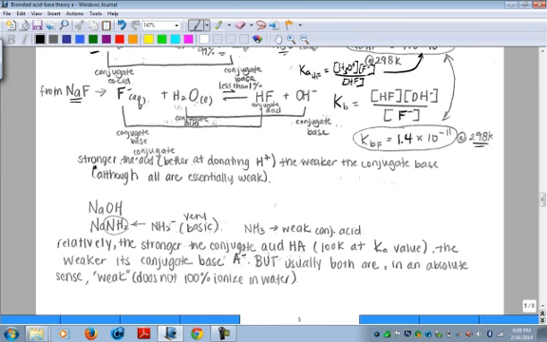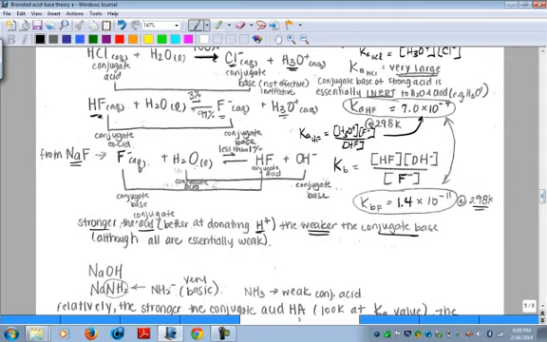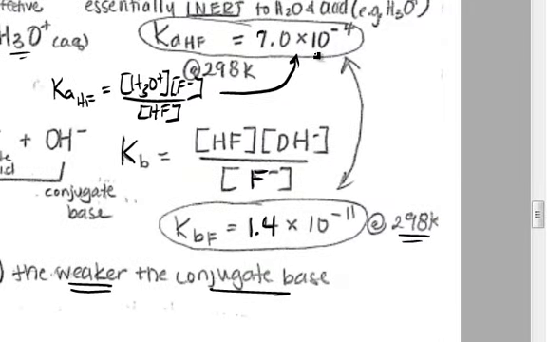In general, the stronger the acid, the better it is at donating an H+, the weaker the conjugate base of that strong acid would be. For example, hydrofluoric acid is generally a weak acid, but it has a Ka value of around 1 in 10,000, 7.0 times 10 to the minus 4.